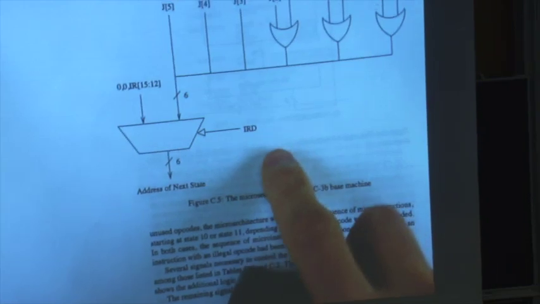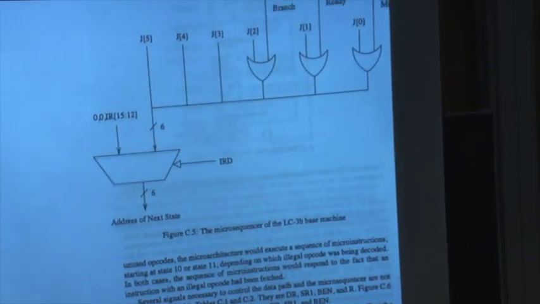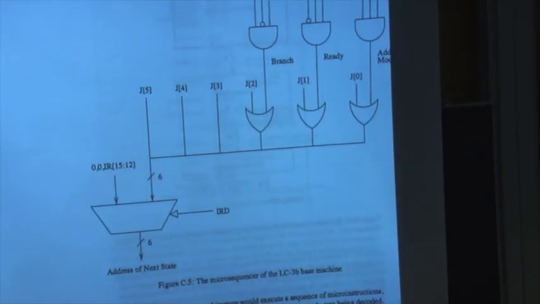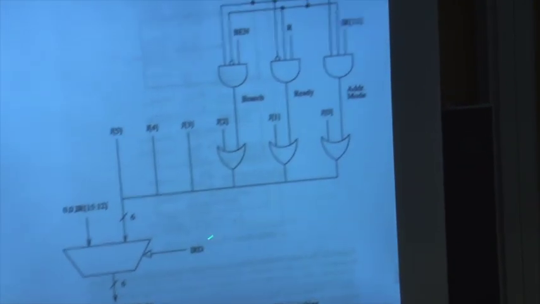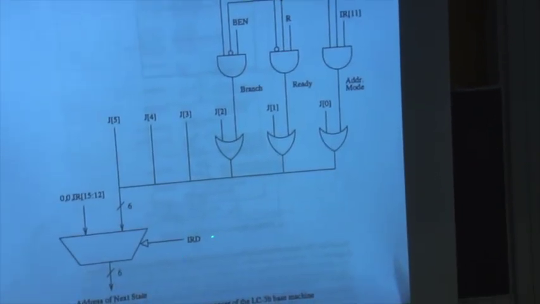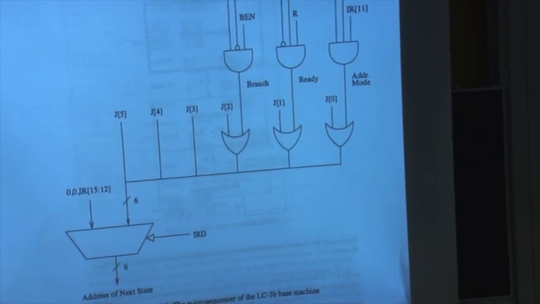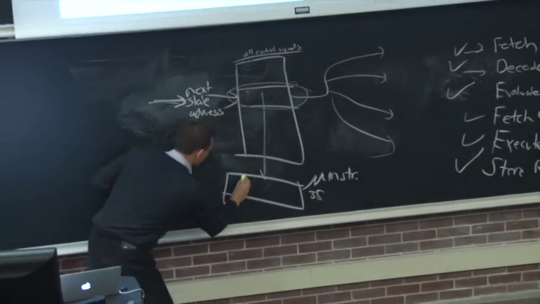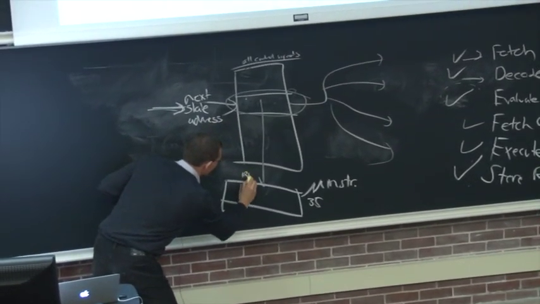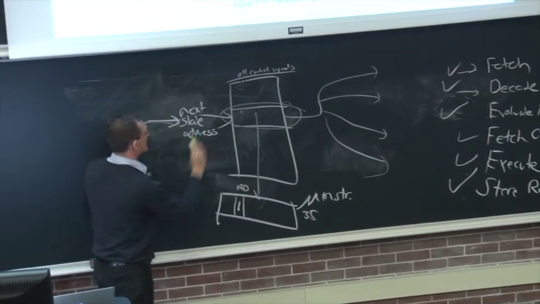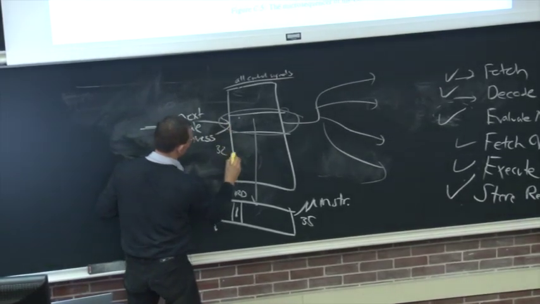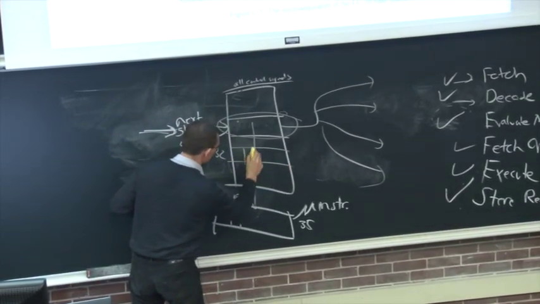In that particular state, state 32, I'm sorry, that decode state, in the control store, this IRD signal is set to 1. Basically, you have this micro instruction that has 35 bits. One bit here is IRD. It's set to 1 in state 32. Let's just take a look at that signal. It's just 1.